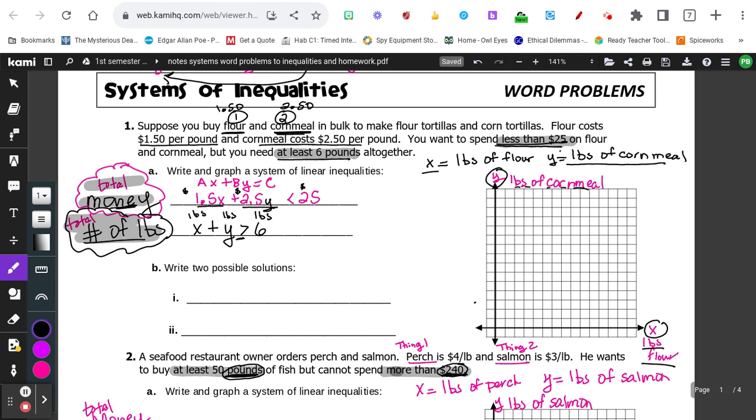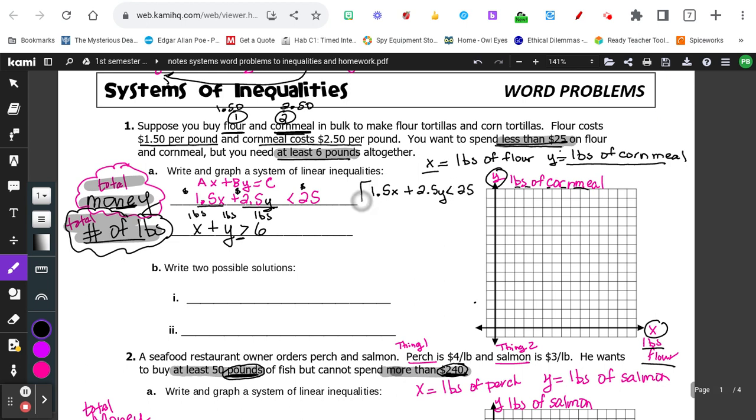Now what you have to do is after you write these inequalities, you have to graph them. Okay, so I'm going to go ahead for the inequality dealing with the total money, which is $1.50 per pound of flour plus $2.50 per pound of cornmeal has to be less than $25 spent altogether.